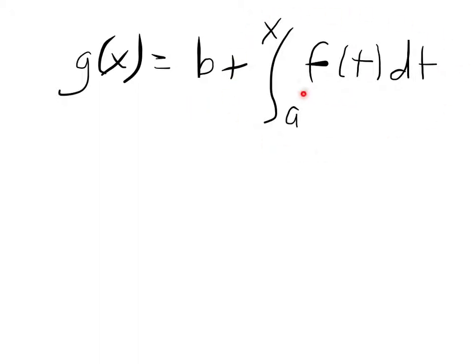Well, if I've got some sort of rate of change here, then a rate of change per independent variable multiplied by a period of the independent variable is going to give me a change in output from a to x.